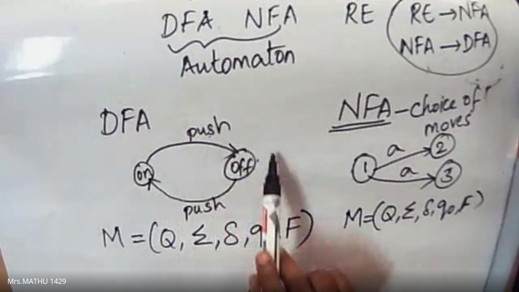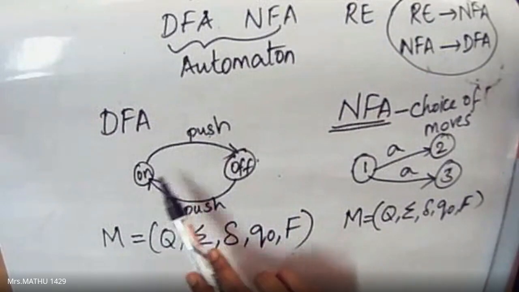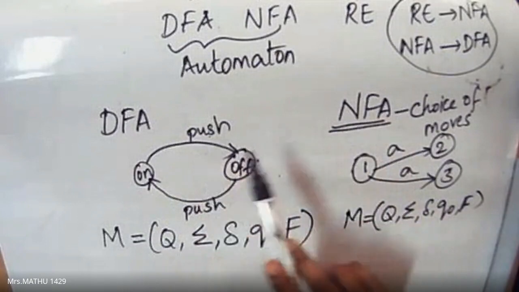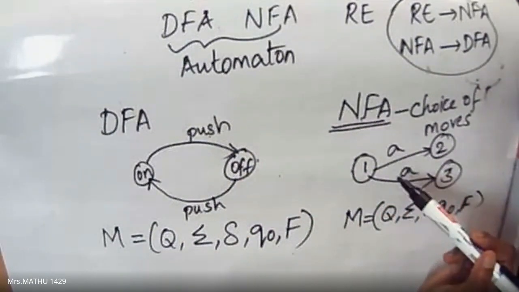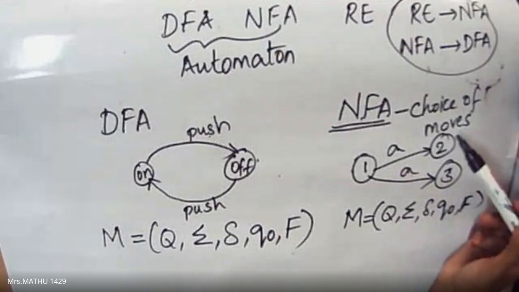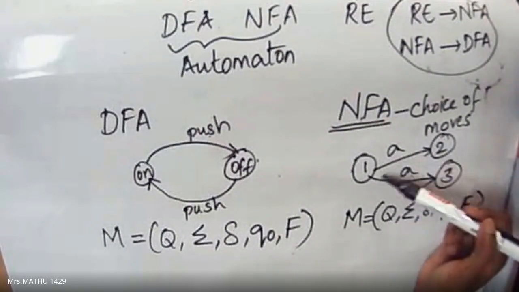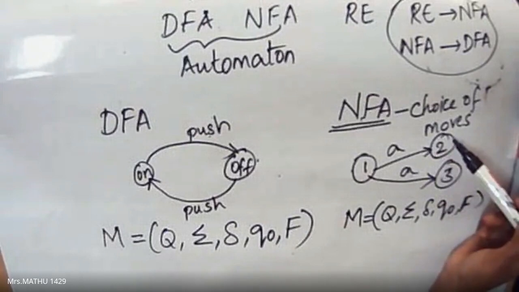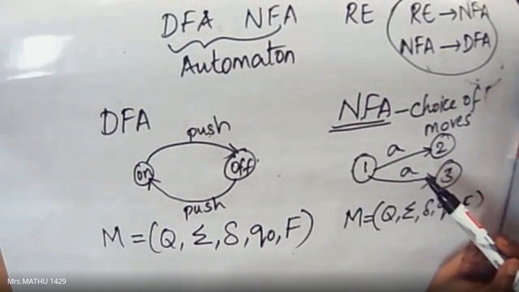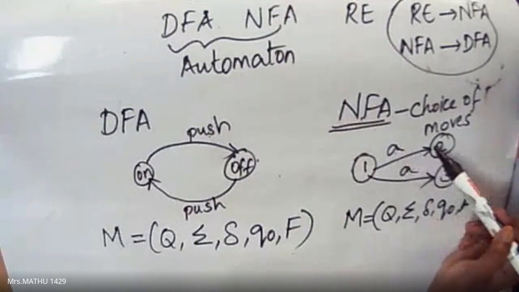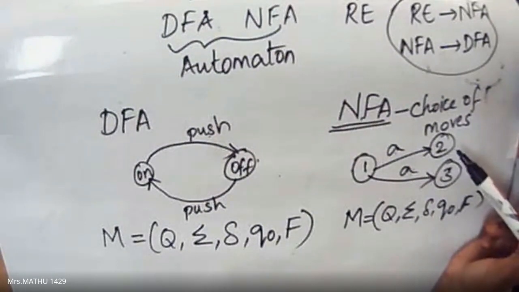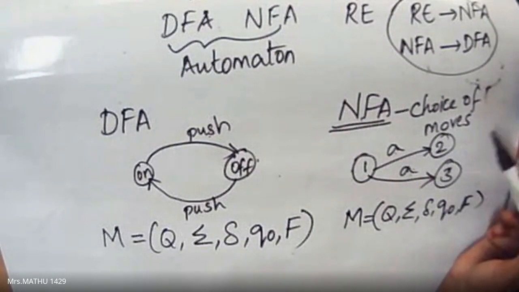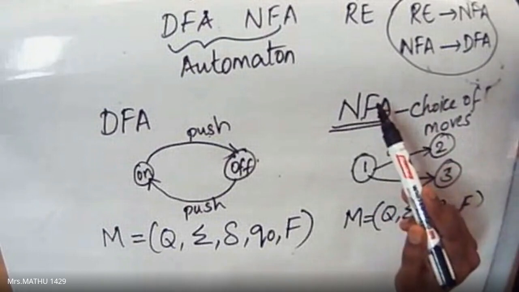So in an NFA we have a choice of moves for the same input symbol, and that is called non-deterministic.